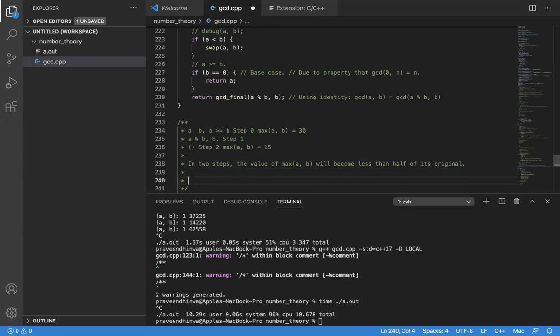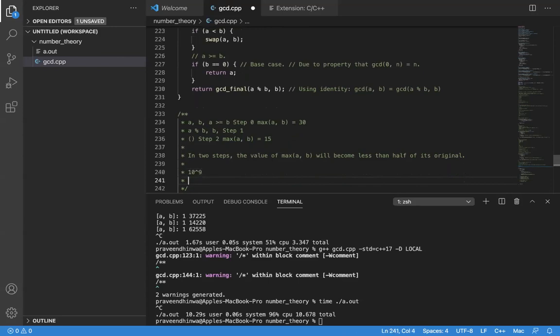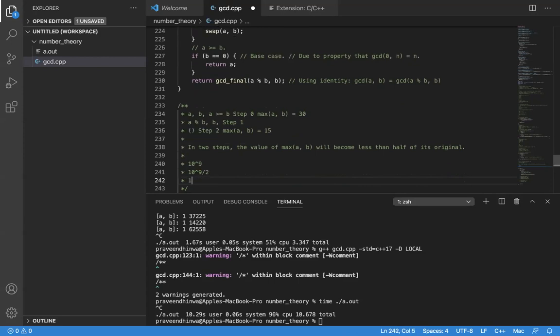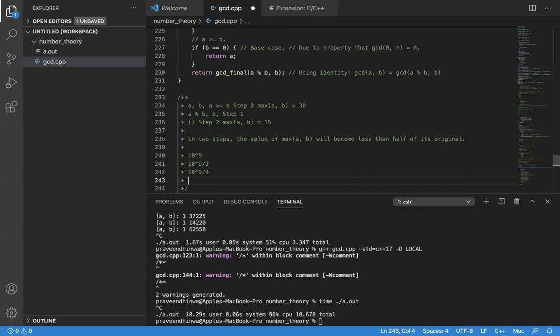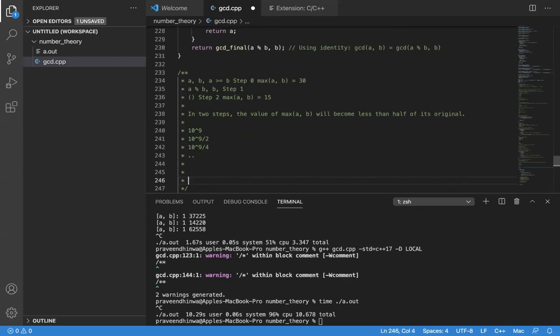So let's say max of A comma B was 10 power 9. In the next two steps, it will become 10 power 9 by 2. In the next 4 steps, it will become 10 power 9 by 4, and so on. So this way you can see that in log of 10 power 9 times 2 steps, max of A comma B will become 1. And if max of A comma B is 1, in the next step itself you will end the recursion. So that's why its time complexity is log of max of A comma B.